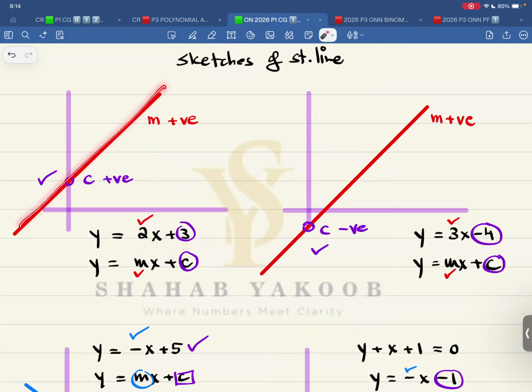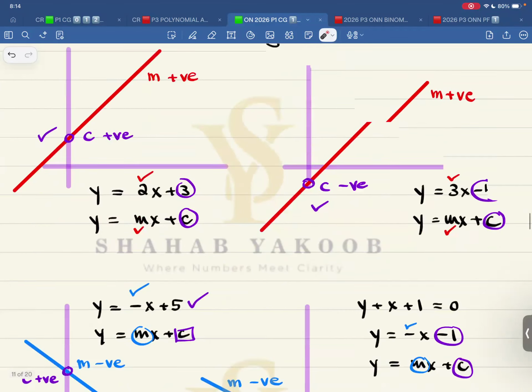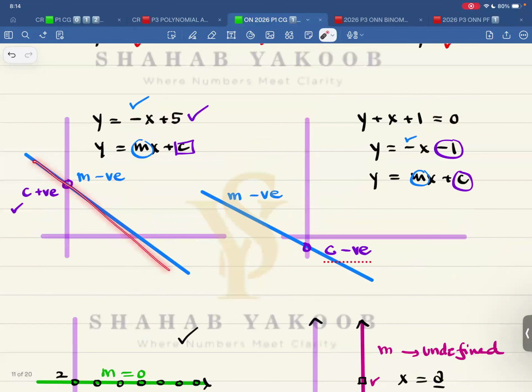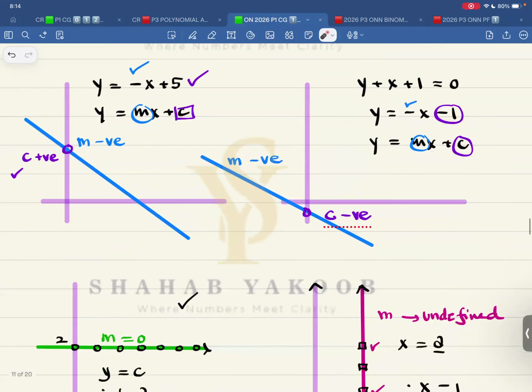It has a positive slope, it has a positive y-intercept. This one has a positive slope, negative y-intercept. So therefore, the line is cutting the y-axis a little bit below the x-axis. Over here, negative slope, positive y-intercept, and this is negative y-intercept.